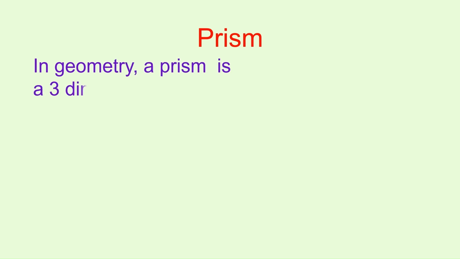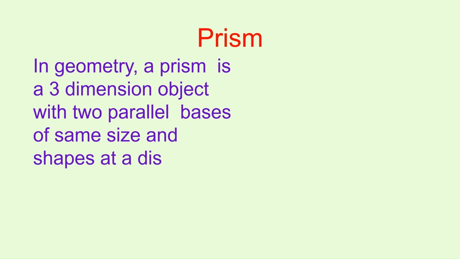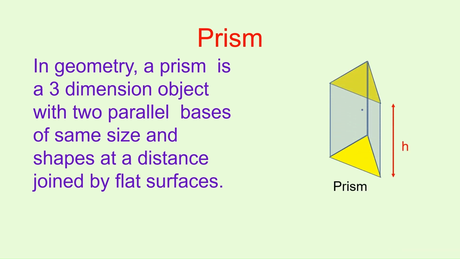The prism. In geometry, a prism is a three-dimension object with two parallel bases of the same size and shape at a distance, joined by flat surfaces.